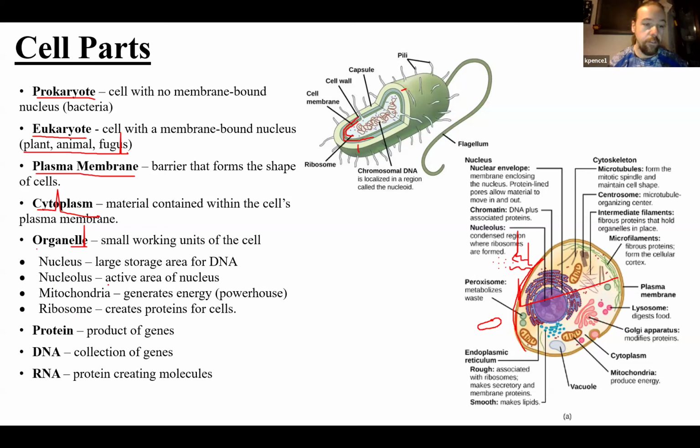Let's see. The nucleolus. So I talked about the nucleus. Again, this large area where you find DNA. Now the nucleolus, this is going to be the area of that little purple dot. So you have the big circle, and then you have the small darker circle in there. That little circle is the nucleolus. And that is where DNA is activating and genes are working.